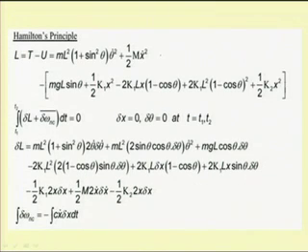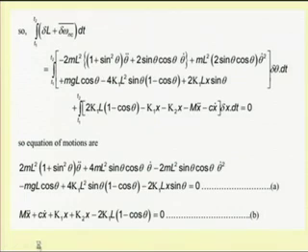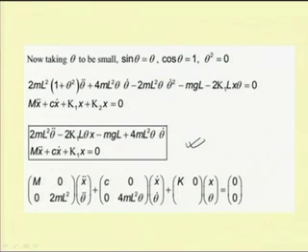By using Hamilton principle one can find the equation of motion, which can be written as this. As this is a 2 degree of freedom system, one gets two equations. Similarly, by using Lagrange principle also one can find the same equation of motion.